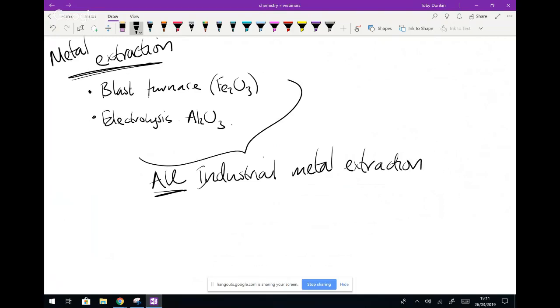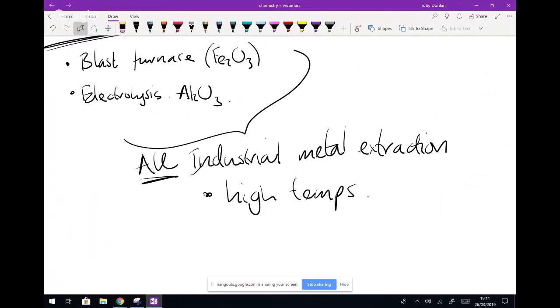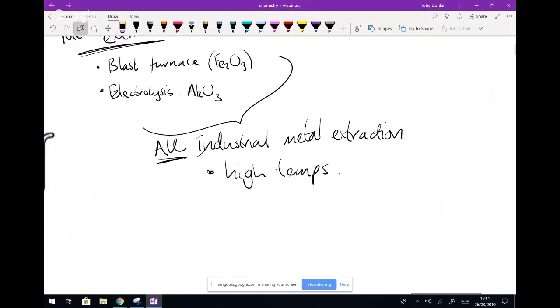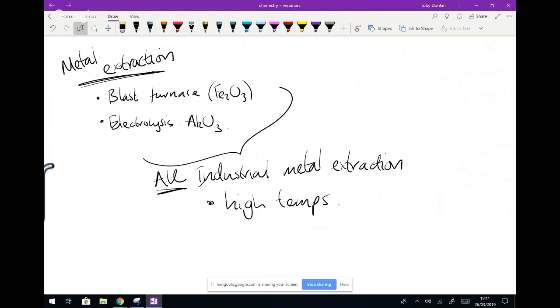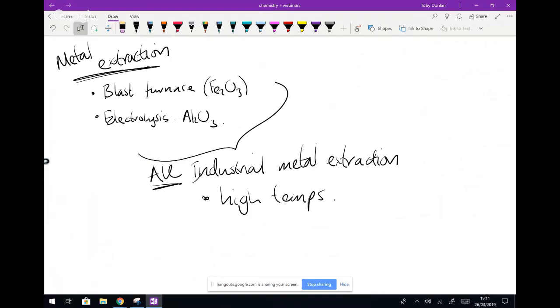Every single one of them. The key thing is we've got to do this at high temps. Even though they're not going to be asking you for specifics, hopefully they can get you to realize that that is still a thing. They're going to give you a question with very specific sets of details and ask you to explain why the conditions are being used.